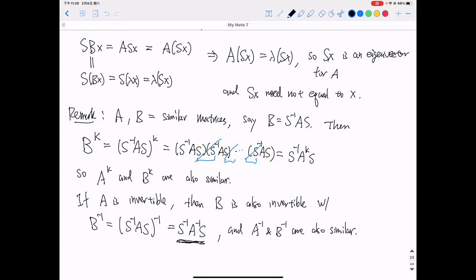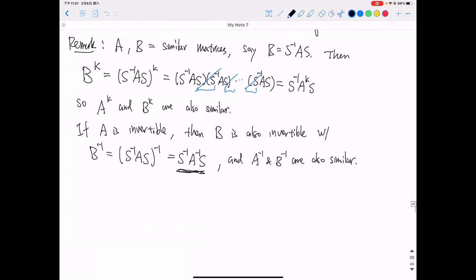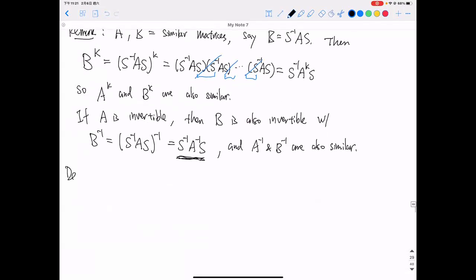Okay. Well, so now we come to the next important definition. Let's say A is an n by n matrix. A is diagonalizable if it is similar to a diagonal matrix.